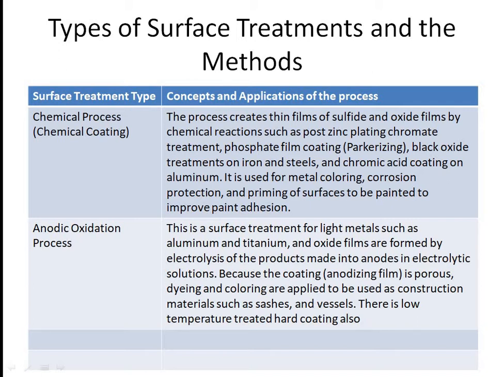The next one is the anodic oxidation process. This is a surface treatment for lightweight materials such as aluminum and titanium, and oxide films are formed by electrolysis of the products made into anodes in an electrolytic solution. Because the coating is porous, dyeing and coloring are applied, and it is used as a construction material such as sashes and vessels.